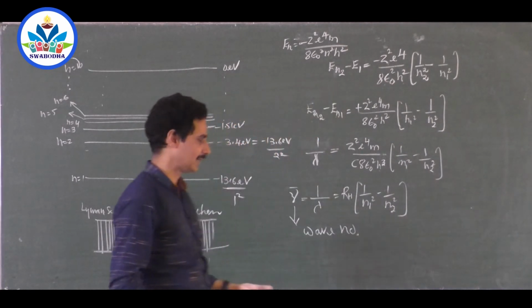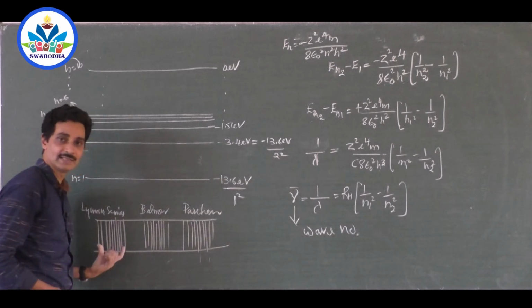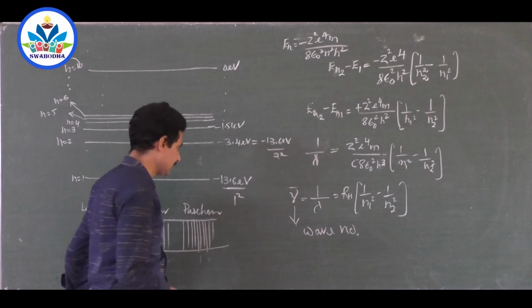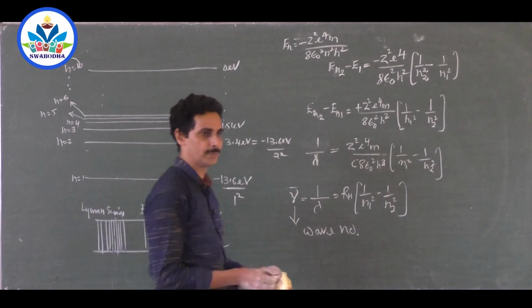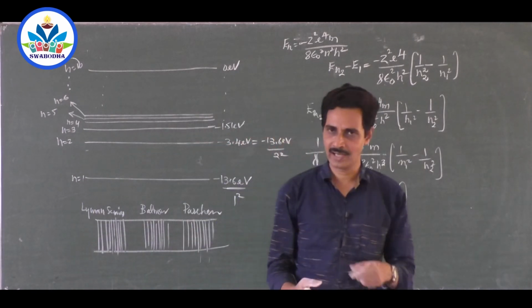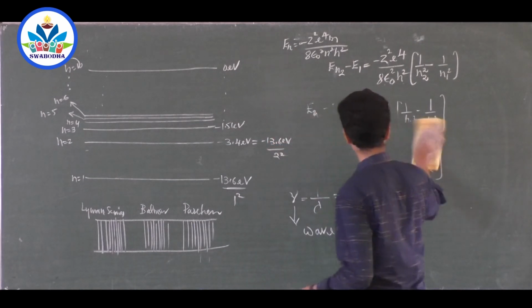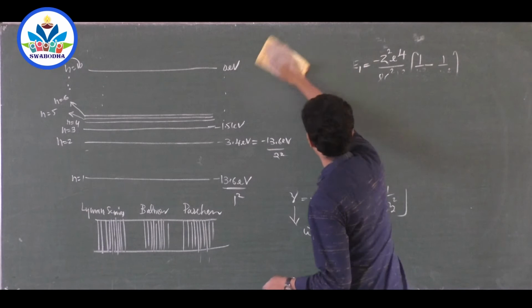That is why you get a set of wavelengths here, and this is Lyman series. What is Lyman series? Lyman series is the set of wavelengths in the hydrogen spectrum obtained when the electron jumps from any of the higher orbits to the lower orbit, right?